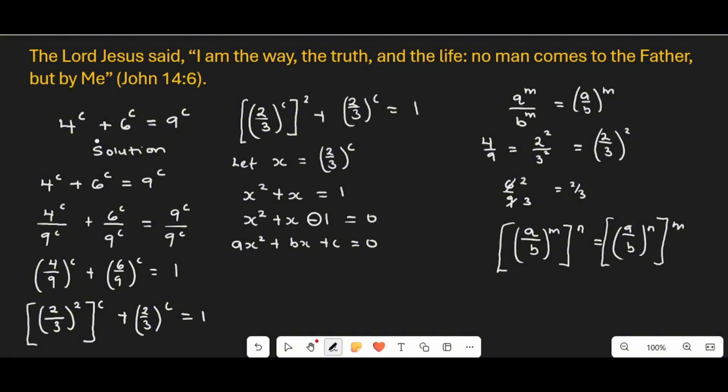So if we compare this equation and this equation together, the coefficient of x squared is 1 here. So we can say a equal to 1. The coefficient of x here is 1. You can say b equal to 1, but our c is -1. So a equal to 1, b equal to 1, and c equal to -1.